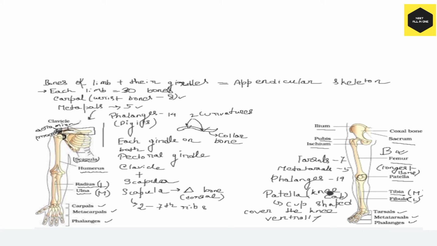Now, just like we had done the pectoral girdle, now we will do the pelvic girdle. Now the pelvic girdle consists of two coxal bones.